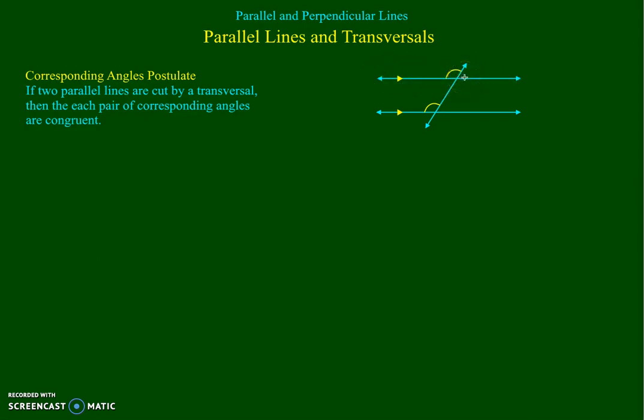If you took this line and slid it down along this line, without changing its orientation, you would see that this angle would stay the same all the way down, and it would overlap directly onto that one. Since these two lines don't separate, in other words this line is parallel to this line, then these angles would have to be congruent.